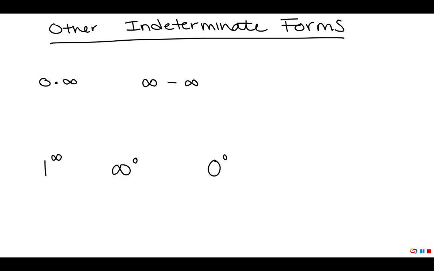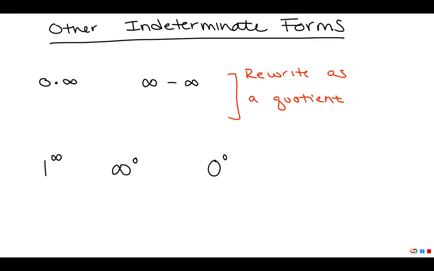So 0 times infinity, infinity minus infinity, 1 to the infinity, infinity to the 0, and 0 to the 0. The first two, 0 times infinity and infinity minus infinity, what we're going to do is try to rewrite these problems as a quotient or a fraction, because then we'll be able to use L'Hopital's rule.